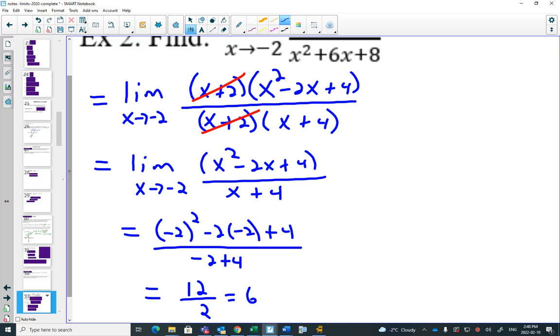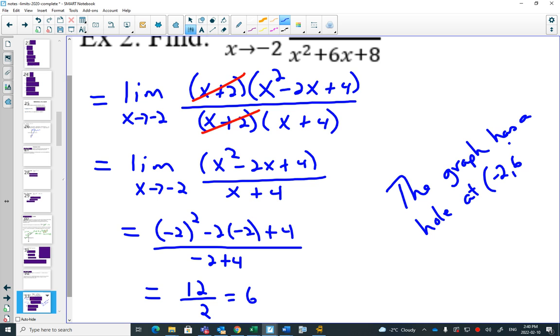Connecting it to what we've done in the past, if we drew the whole graph, this would be a graph that has a hole at negative 2, 6. Because it was a non-permissible value, and then that non-permissible value went away.